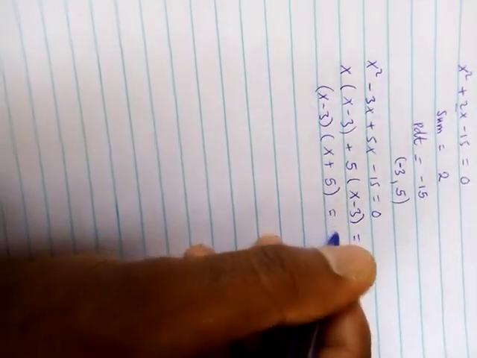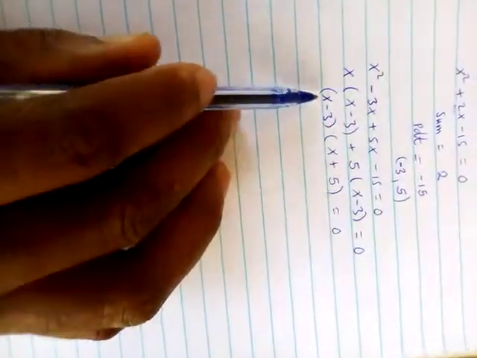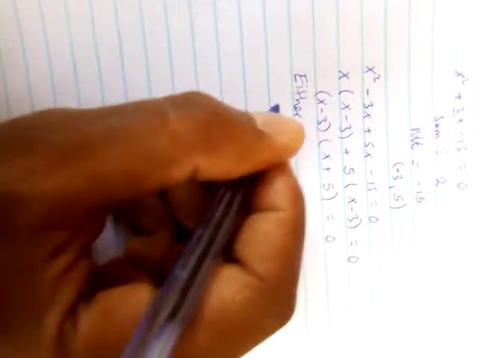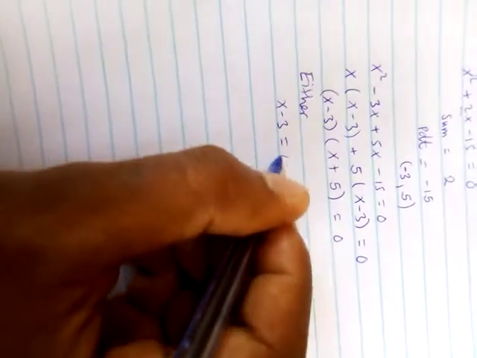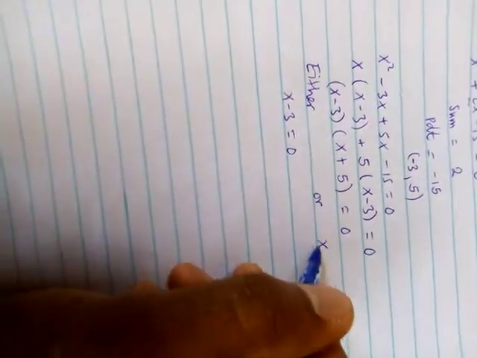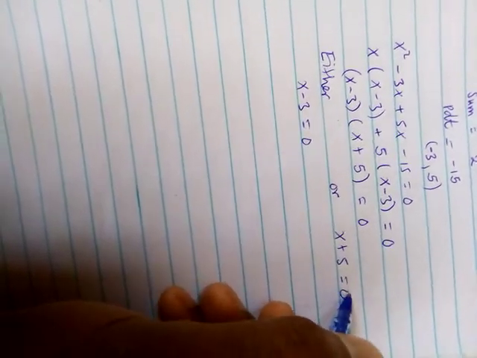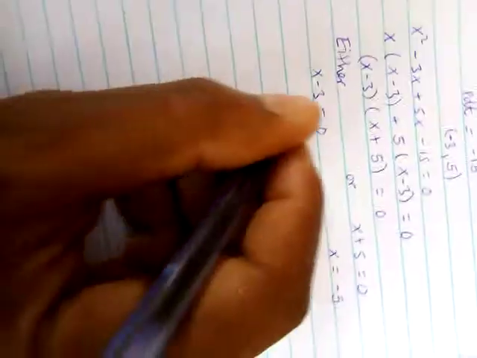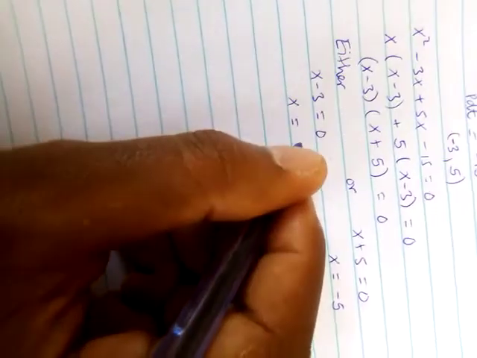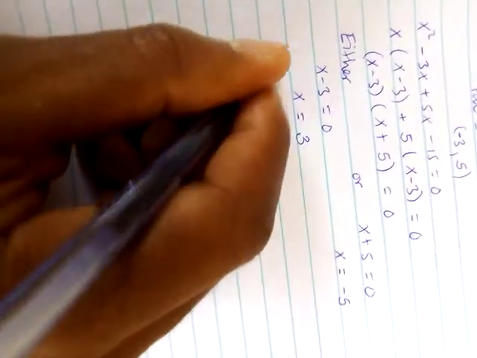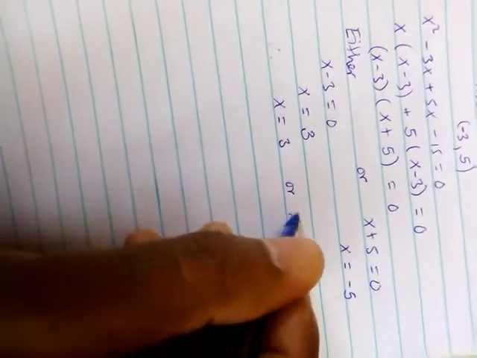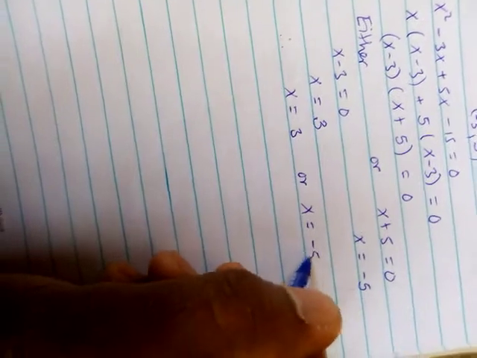This will equal to 0. So what I do here is I equate each bracket independently to 0. So I can say that either x minus 3 is equal to 0, or x plus 5 will equal to 0. So that I have x equal to negative 5, or x equal to a positive 3. I can say therefore my x is equal to 3, or x is equal to negative 5.